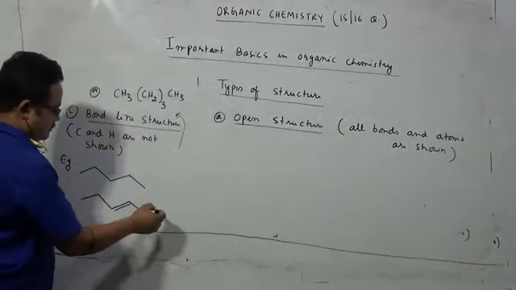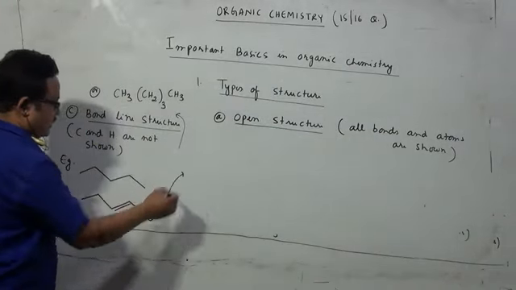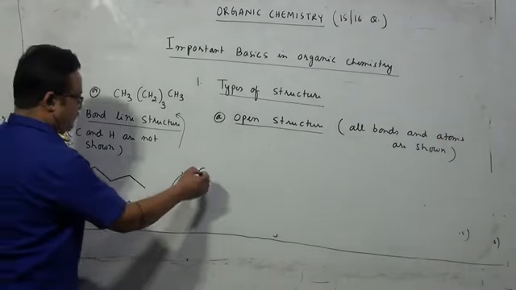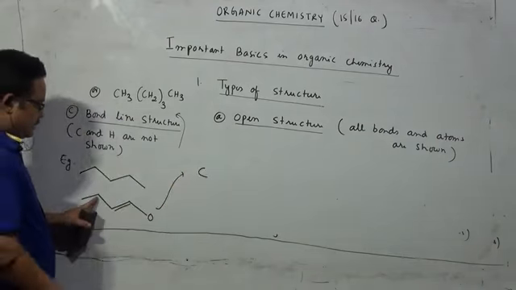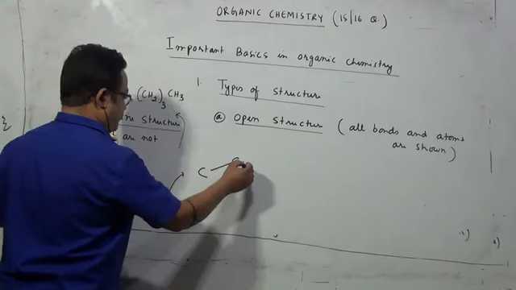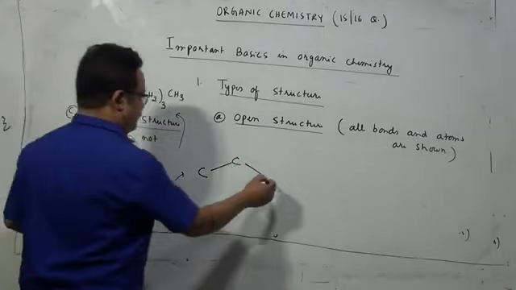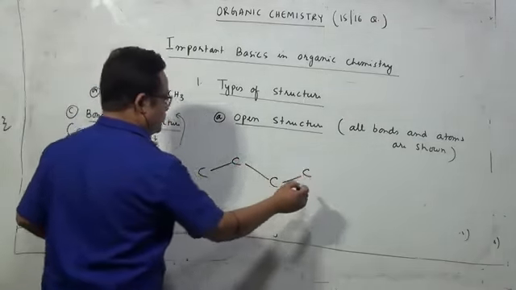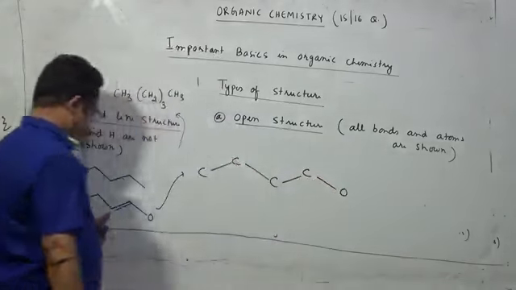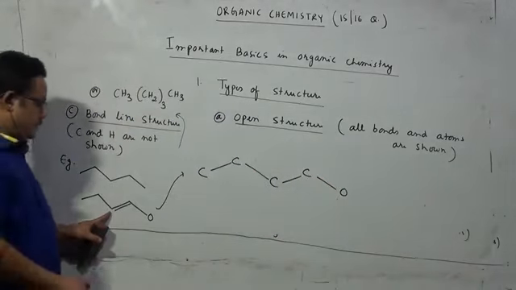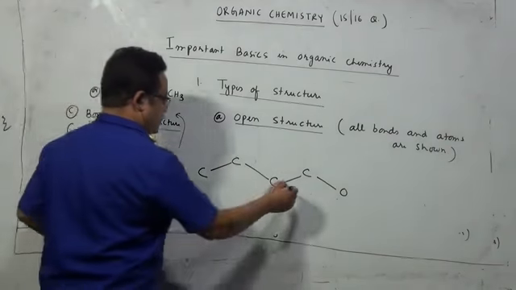In the open structure, on top is a carbon. Then another carbon, then another carbon, then carbon, then O and C, with a C double bond.